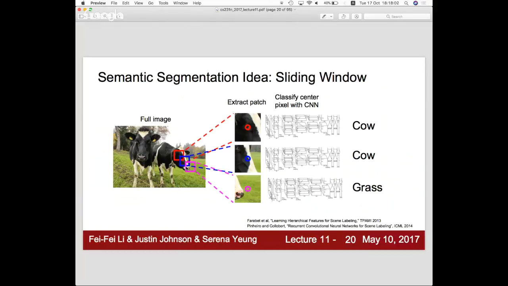For instance, we have three pieces of the picture, and we put the first piece in the CNN and say this is a cow, this part is cow, this part is grass. This is a very straightforward manner to solve the problem. But if we do it like this, it's very inefficient because we cannot reuse the shared features between overlapping patches, such as this area.